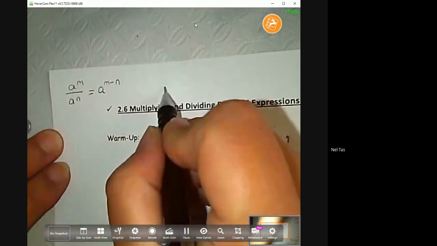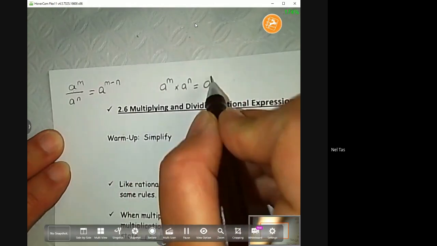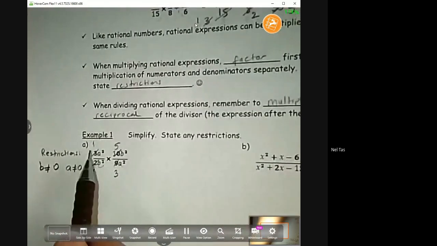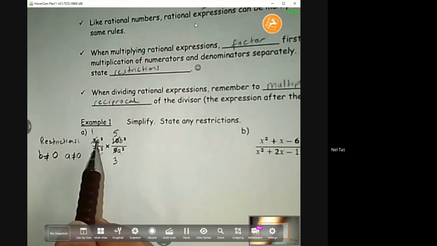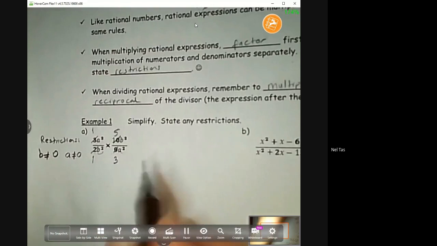If you have multiplication, a to the power of m times a to the power of n, you keep the base and add the exponents, so m plus n. So if you have a cubed over a squared, you keep the base, subtract the powers, and you get a.